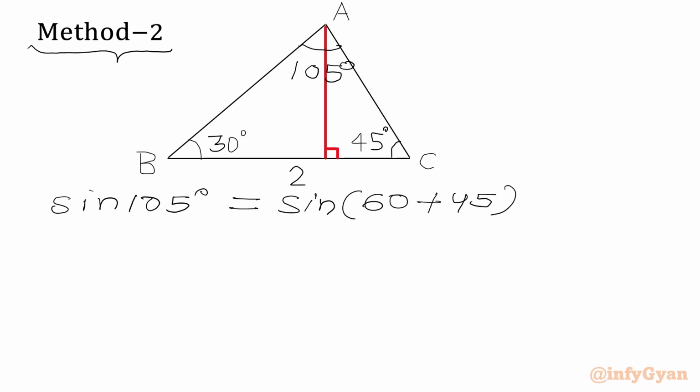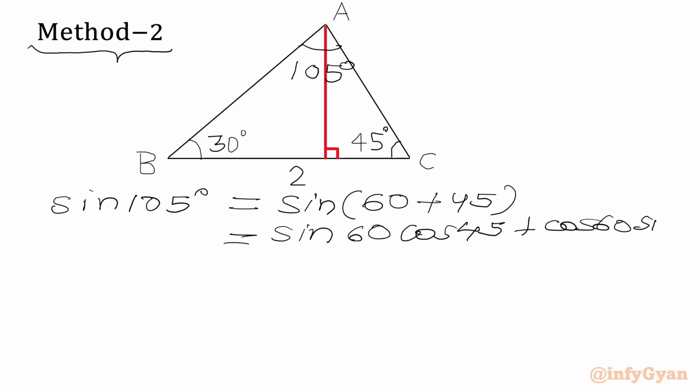Using the identity from trigonometry, sine (A plus B) is sine A cos B plus cos A sine B. So we will write sine 60 cos 45 plus cos 60 sine 45.